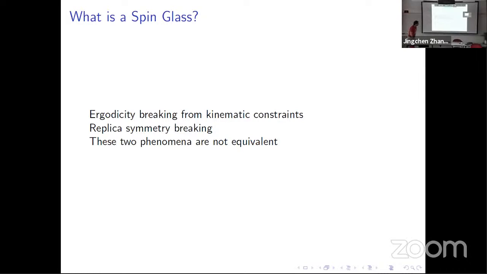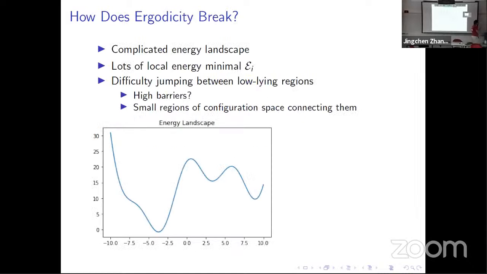Okay. Let's see. This is I guess the same cartoon of the energy landscape. This is a lot of the same stuff I was talking about already. So yeah, how do we have ergodicity breaking? Like I said, the simplest way for me to visualize it is to have a complicated energy landscape and then high barriers between the minima.